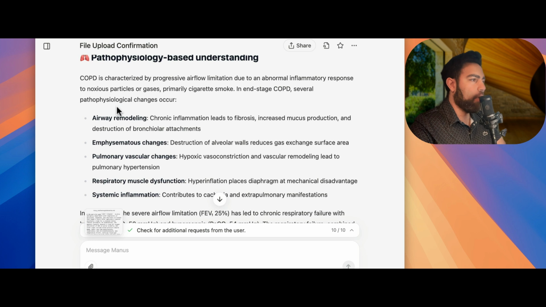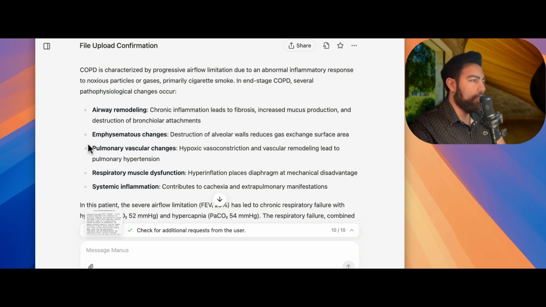There's airway remodeling, which means that the chronic inflammation leads to fibrosis and a lot of mucus production and destruction of the bronchiolar attachments. There will be severe emphysematous changes. You see those on the chest x-ray, because the alveolar walls are destroyed, and there's less surface for gas exchange.